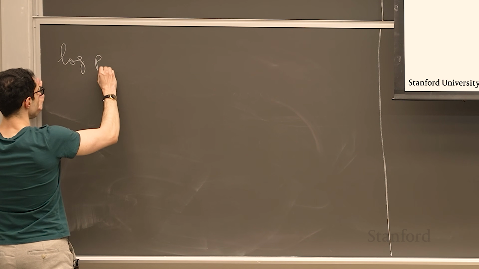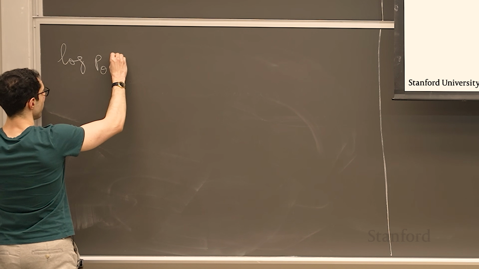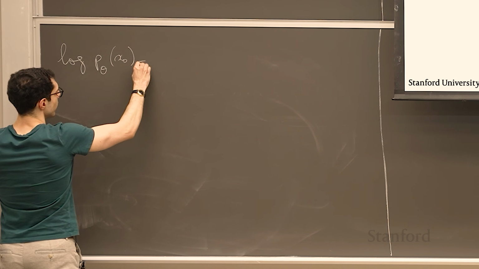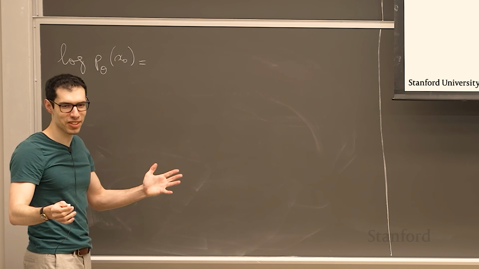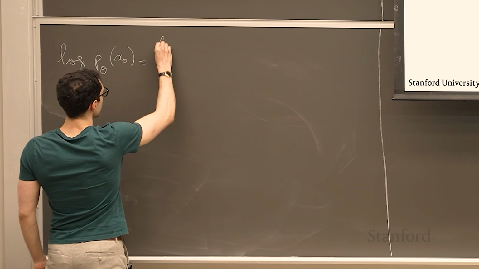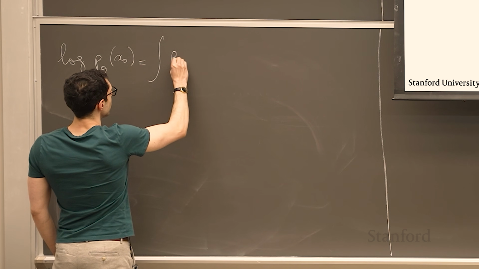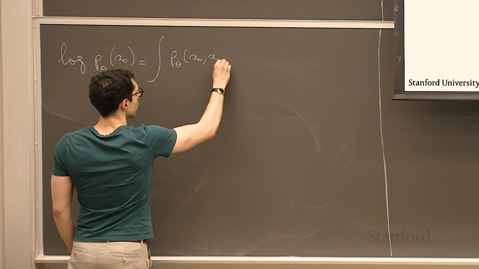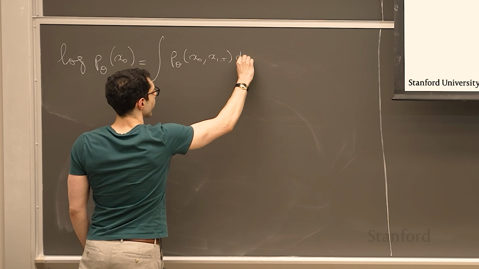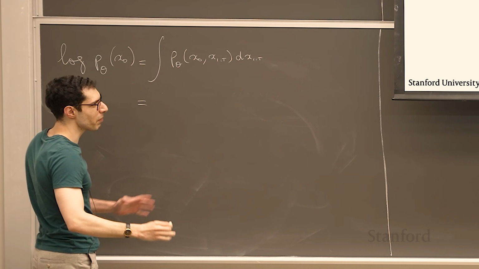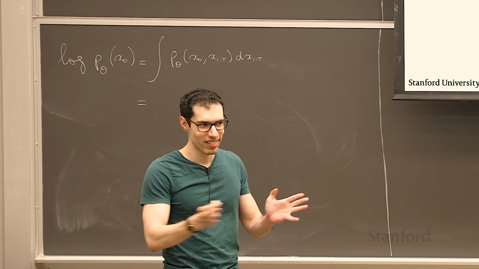So we go back with the log of p theta of x0, which we said we try to marginalize across x1 to xt. So I'm just going to rewrite what we had above. And then what I'm going to do, as I mentioned, is have Q appear.